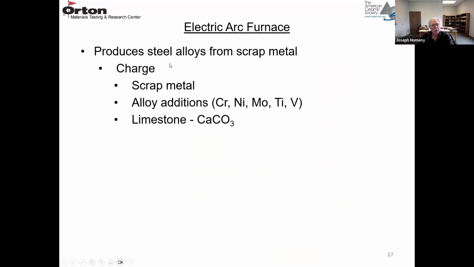The electric arc furnace is basically melting scrap and making different alloys. So the charge is a scrap metal. Various other metals are added to make alloys like Cr, Ni, Mo, Ti, and V. And then you have your limestone for the creation of the slag.